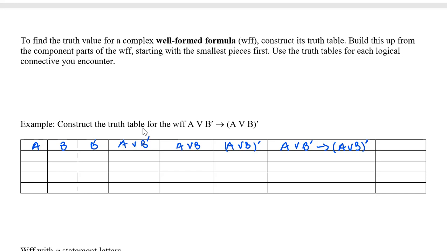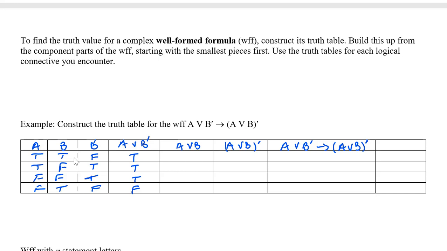So let's see, I break it down, A first, B. So what we could say is you have true, true, true, false, false, false, and false, true. And now we're gonna negate B, meaning we need false, true, true, and then false. So for the or, A or not B, the only time it is false is when both are false. Otherwise it's true.